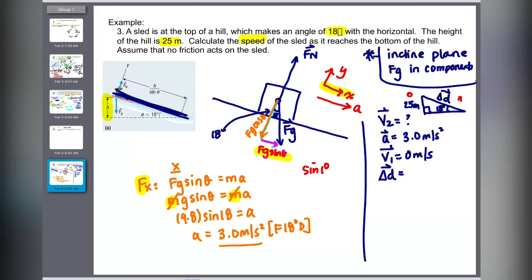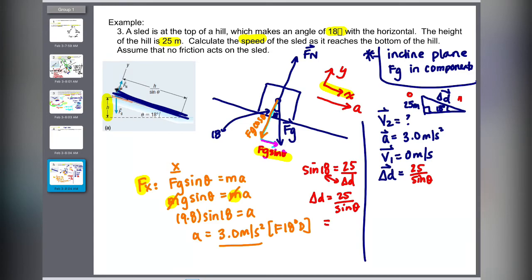So this is my sine again. Sine of 18 is opposite over hypotenuse. Solve for hypotenuse. When the unknown is at the bottom, you can just swap it, and it equals 25 times sine of theta. So I'm just going to write this down: 25 times sine of theta. So now you find the equation.